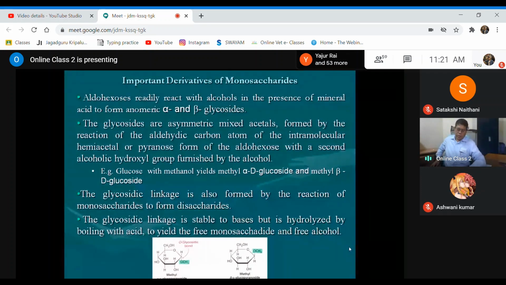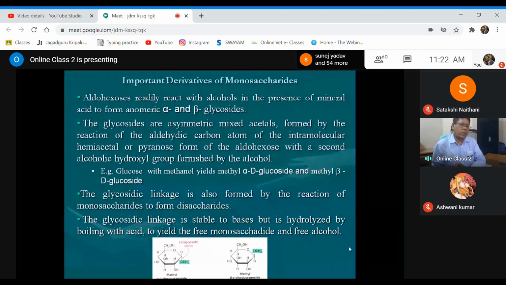We also discussed monosaccharides in alkaline medium, the enolization or tautomerization reactions, then oxidation, and the effect of oxidizing and reducing agents. Today we'll be starting with the derivatives of the monosaccharides.